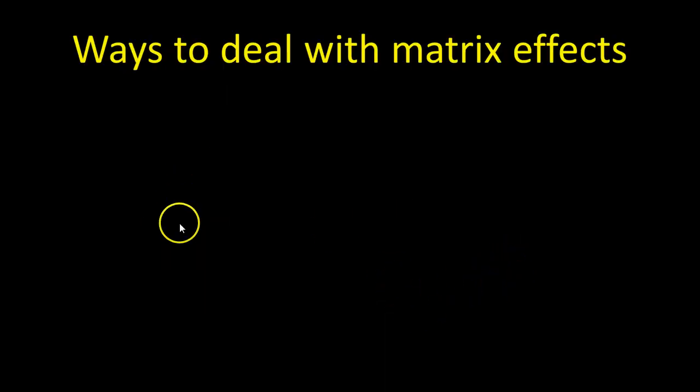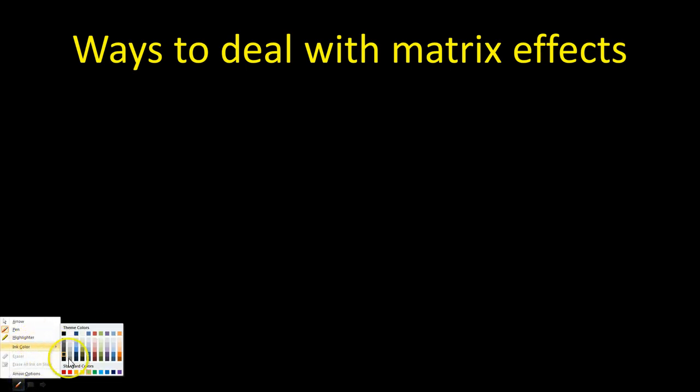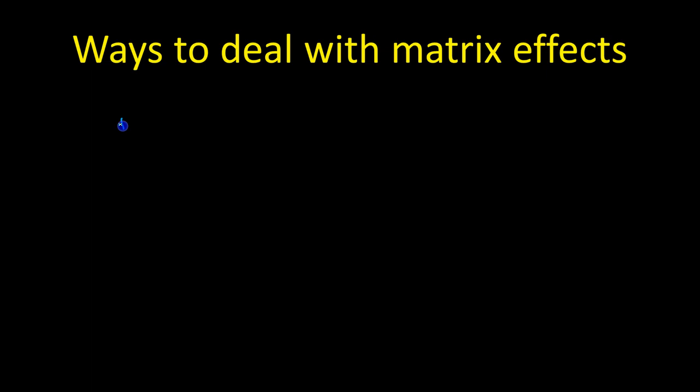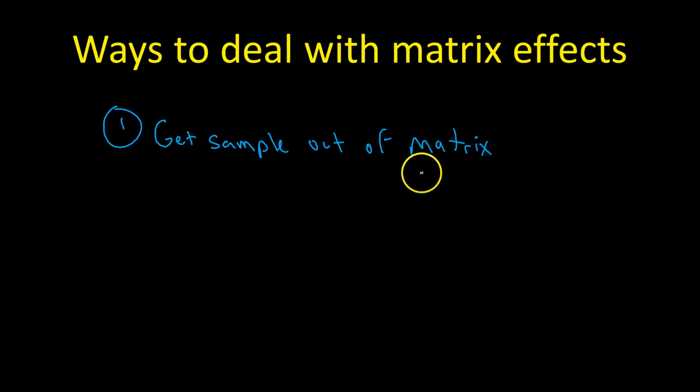But there are 3 main ways to deal with it. One way is to get your sample out of the matrix. It's always going to be in some sort of matrix, but the question is whether you can get it out.